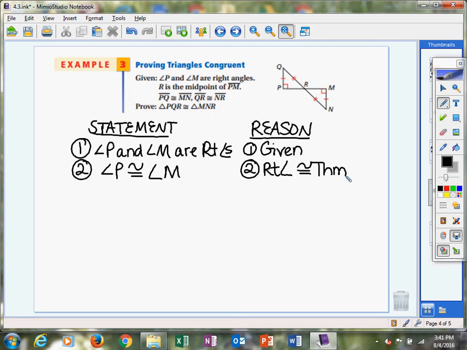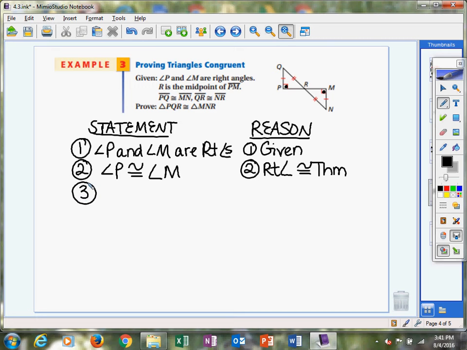If they're congruent, then they're equal. If they're equal, they're congruent. And so if we know they're right angles, then we know that they're congruent. So I'm going to put a little dot here to show that I dealt with those angles.